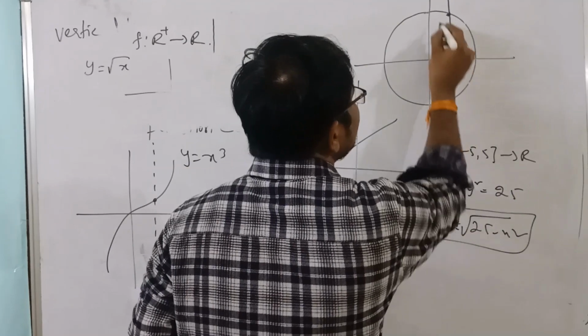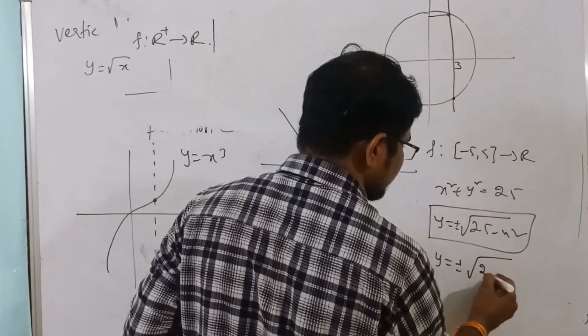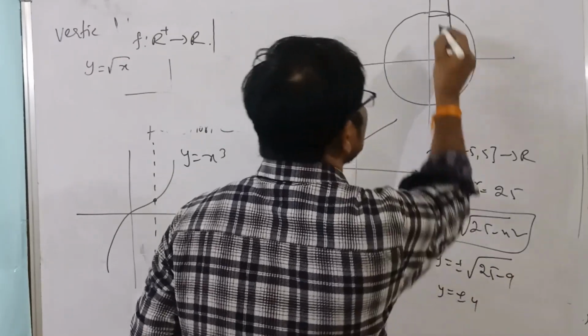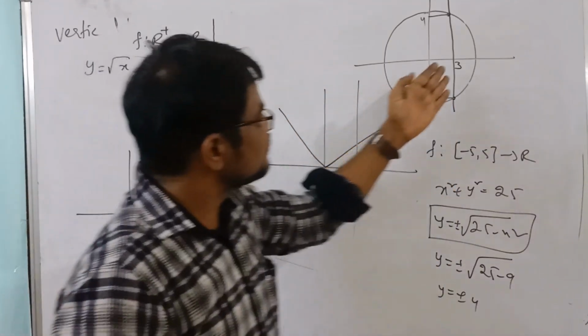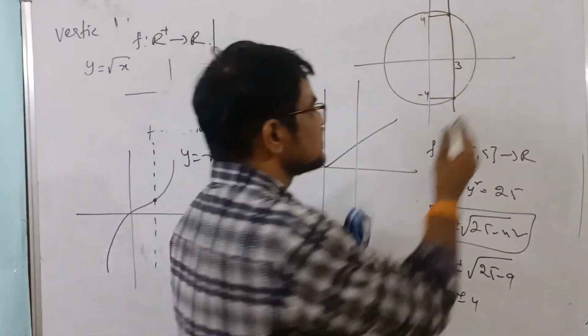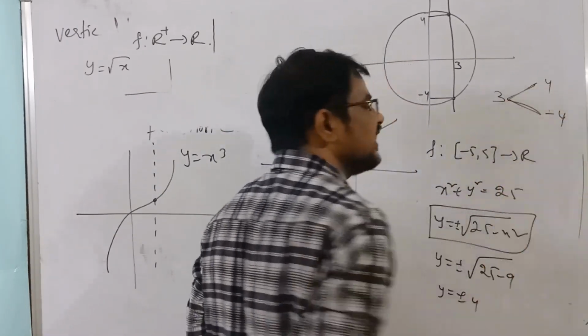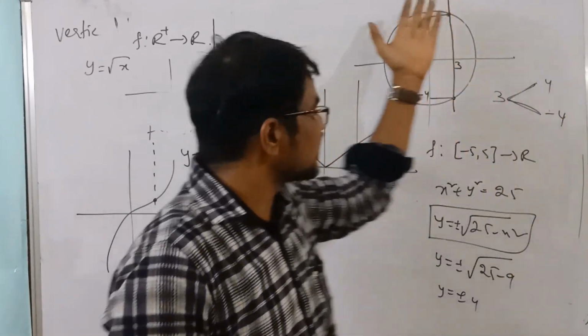Suppose you take x equal to 3, then y equal to plus or minus root of 25 minus 9, which is plus or minus 4. Here you get 4, here you get minus 4. So for 3 there are 2 images, 4 and minus 4. Clearly it is not a function. By the graph, how can you say?